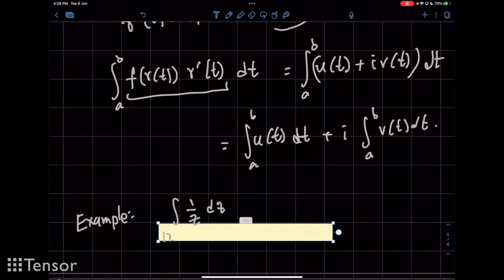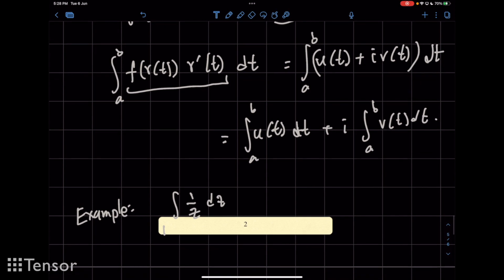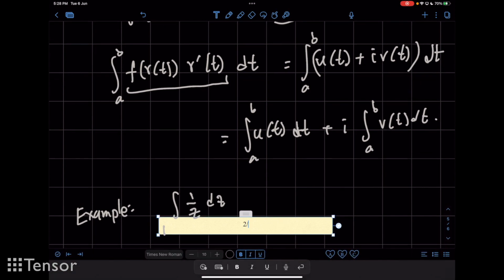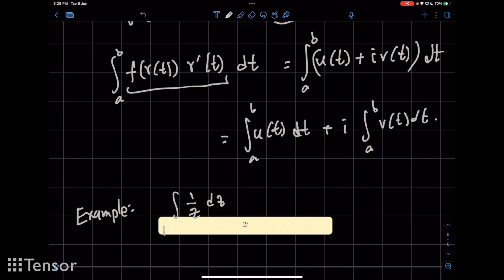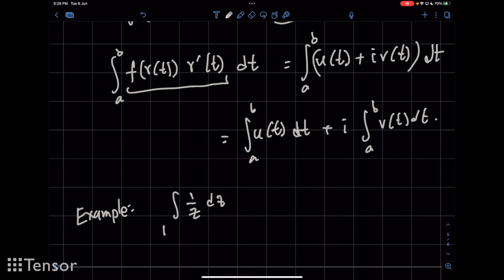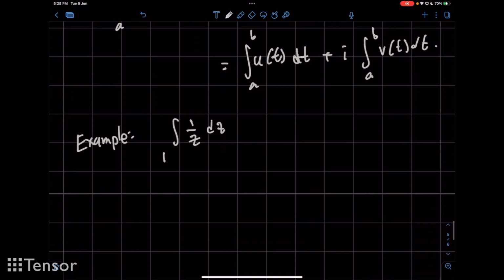I'm integrating the function 1 over z over the path that is defined by the unit circle. So this is the path I'm integrating over, and the function I'm integrating is 1 over z.